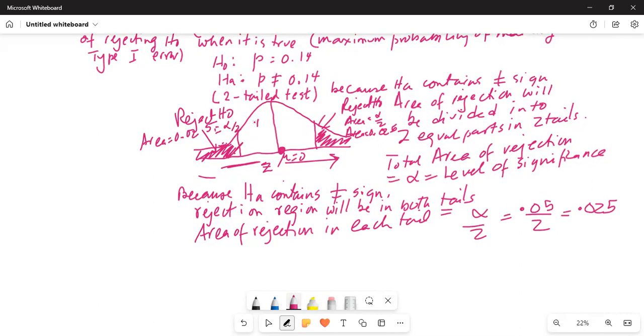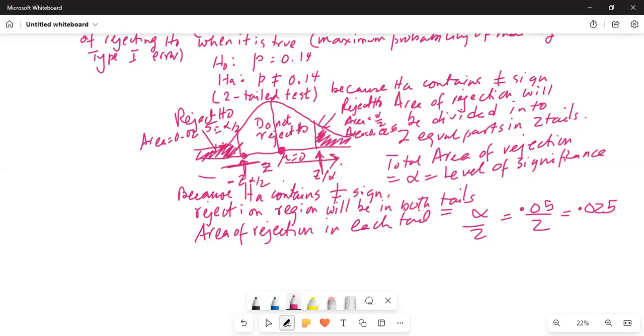In the central area, we do not reject H0. Now the question is, what is this critical value, minus Z alpha by 2, and what is this Z alpha by 2?